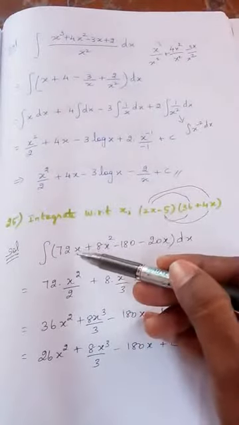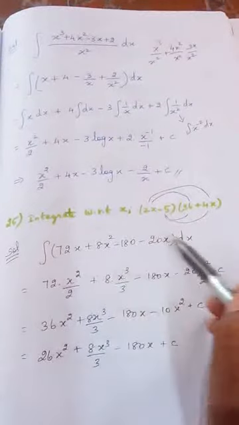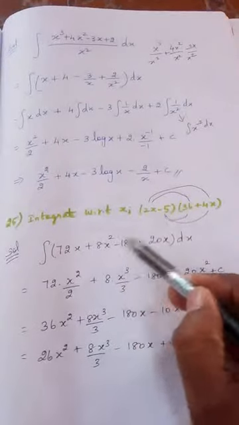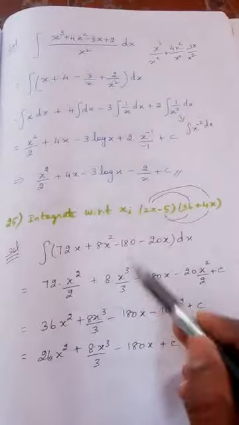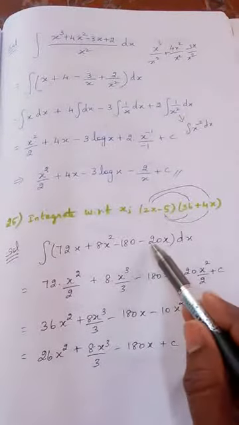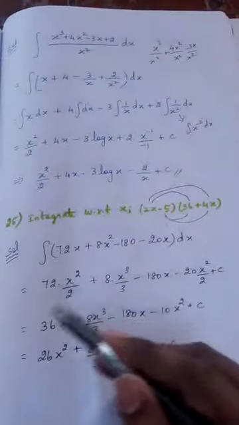You can just see this and see directly and tell the answer now. 72 x dx, answer is x square by 2, plus 8 is constant, x square dx, x cube by 3, minus 180 is constant, dx means x, minus 20 constant, x dx is x square by 2 plus c.